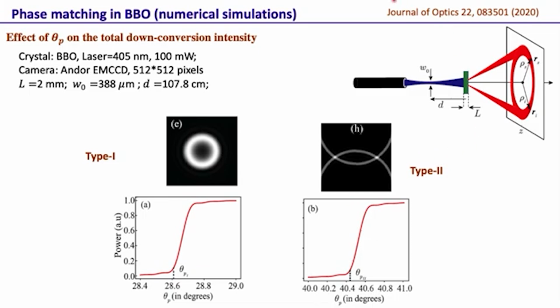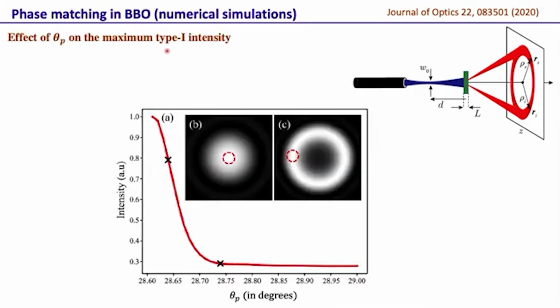But the type 1 ring is actually huge. So in the lab, when we want to work with the type 1 photon, we work at these angle ranges. When we want to work with type 2 photon, we work at these angle ranges, because type 1 is then just a huge ring, so if we are doing the experiment along the z-axis, the detectors on the z-axis will not catch those photons, but they are there.